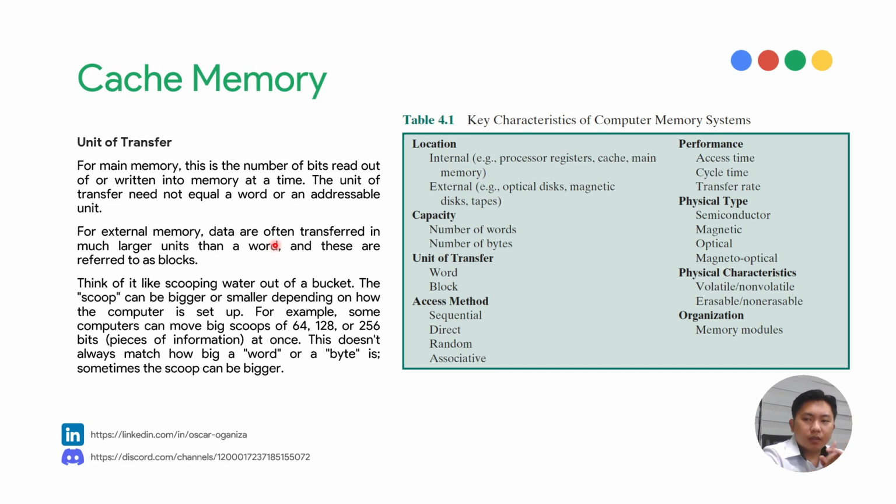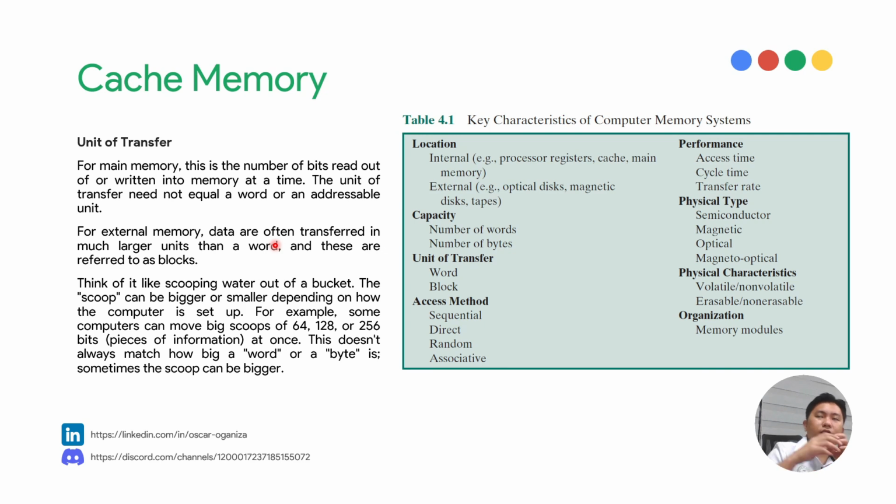Think of it like scooping water out of a bucket. The scoop can be bigger or smaller depending on how the computer is set up. For example, some computers can move big scoops of 64, 128, 256 bits of information at once. This doesn't always match how big a word or a byte is. Sometimes the scoop can be bigger.